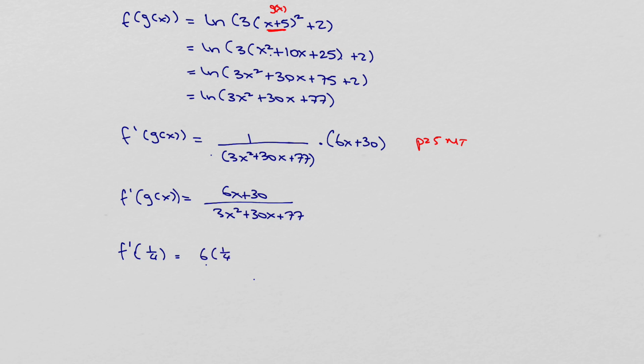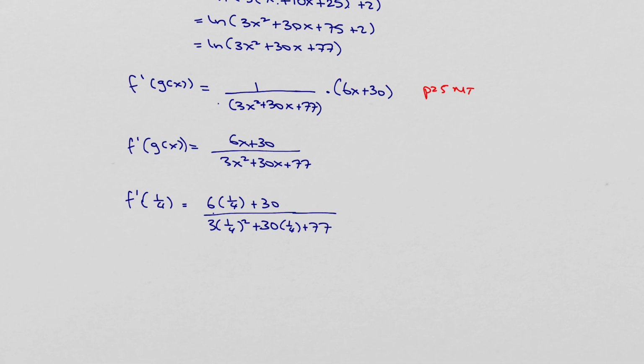So that's 6 times a quarter plus 30 all over 3 times a quarter squared plus 30 times a quarter plus 77. And if I simplify that, that gives me 3 over 2 plus 30 on the top line. And on the bottom line, I get 3 over 16 plus 15 over 2 plus 77.